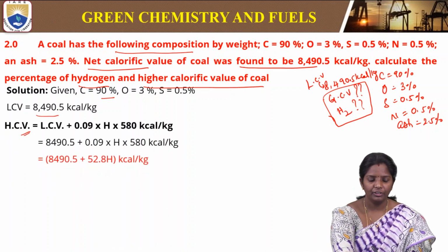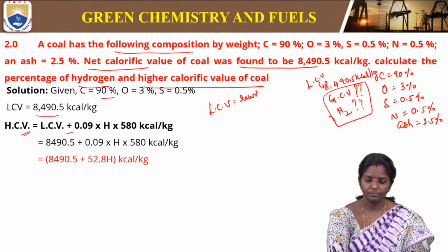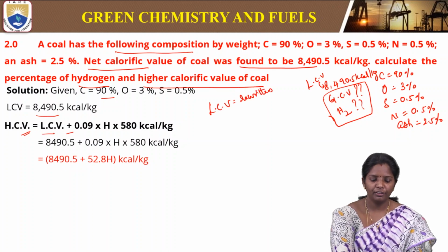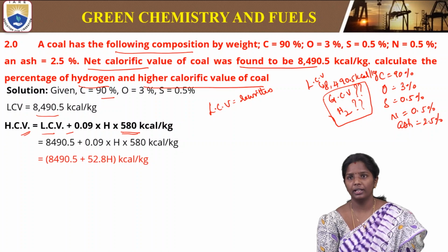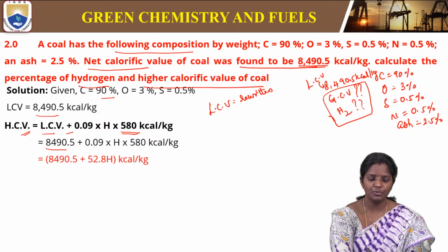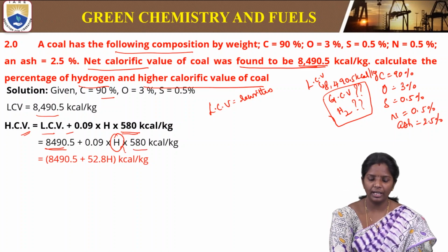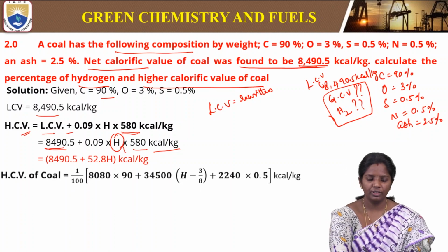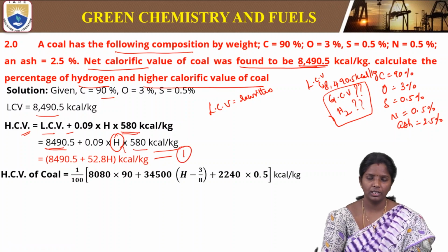So higher calorific value is equal to lower calorific value plus 0.09 into hydrogen into 580 kilocalories per kg, rewritten from the lower calorific value formula. Because the lower value is already given, we substitute the lower value here plus 0.09 into hydrogen. We don't know the hydrogen, so we will find it out, into 580 kilocalories per kg. So this is how we get the answer. Take it as equation 1.